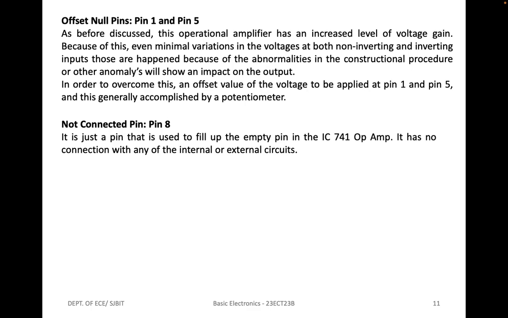In order to overcome this, an offset voltage is applied at pin 1 and pin 5, and this is generally accomplished by a potentiometer. Pin number 8 is not connected. It is just a pin used to fill the empty pin in the IC741 op amp, so it has no connection with any of the internal or external circuits.